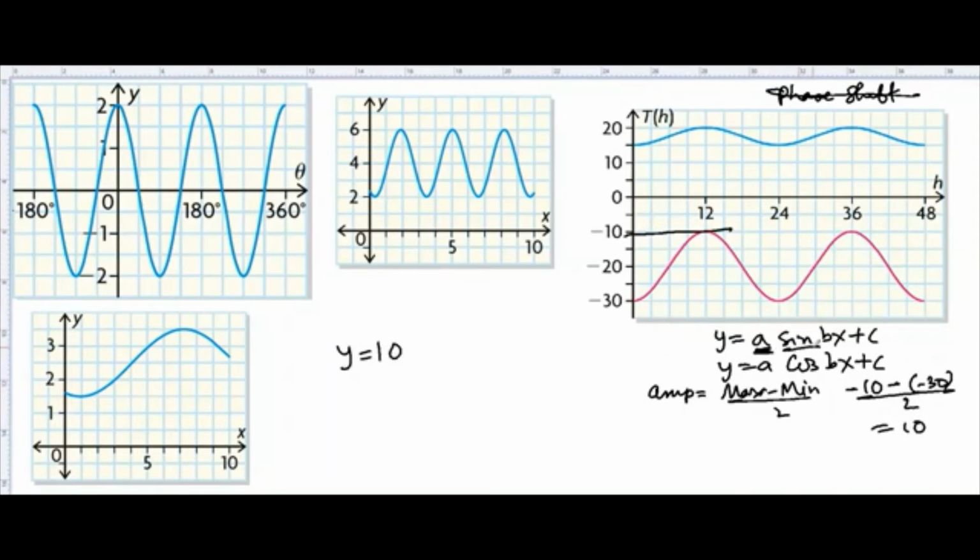Now I should know whether it is sine or cos. Now sine usually starts from the middle axis, and we know that the middle is somewhere here. So it is not starting from the axis, but it is starting from minimum, and cos starts from maximum. So still there's a problem. Both of them are not matching this graph.